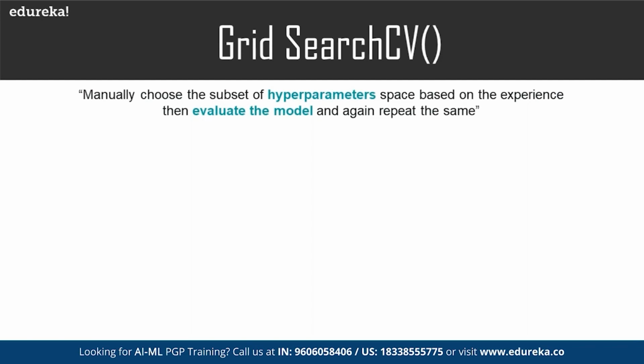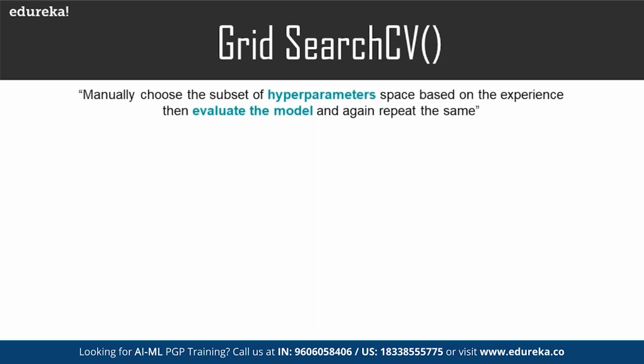Instead of manually picking the hyperparameters based on our experience with the model results, here it is again manually chosen, but instead of choosing one hyperparameter or another, we get to choose a subset of hyperparameters.